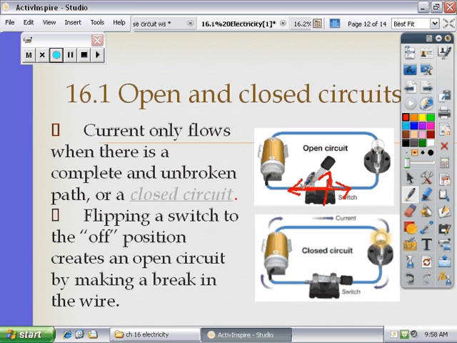They can't pass through an open gap without a conductor there. Does that make sense? Down here, the switch is closed, so you have contact of the metal, and metal is a good conductor, so they pass through and make a closed circuit. Closed means that there are no breaks in this circular path. Does that make sense?